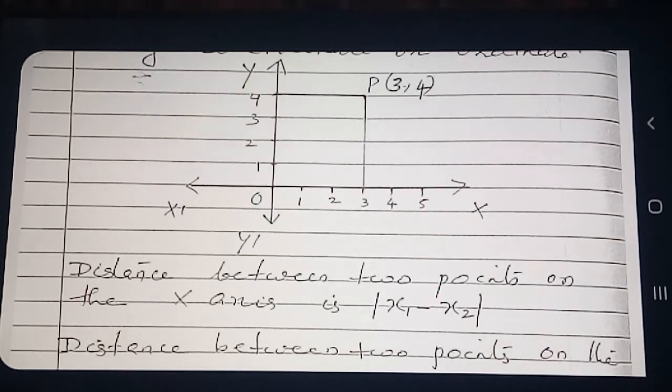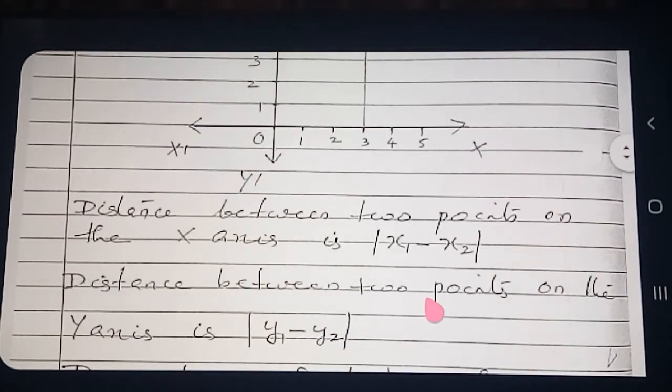So what is the distance between 2 points on the x-axis? The distance between 2 points on the x-axis is always modulus of x1 minus x2. Similarly, these are all very important points. The distance between 2 points on the y-axis is always modulus of y1 minus y2. Clear? Are both formulas clear now?